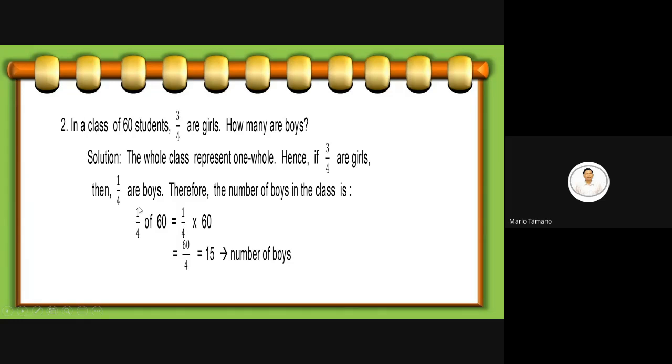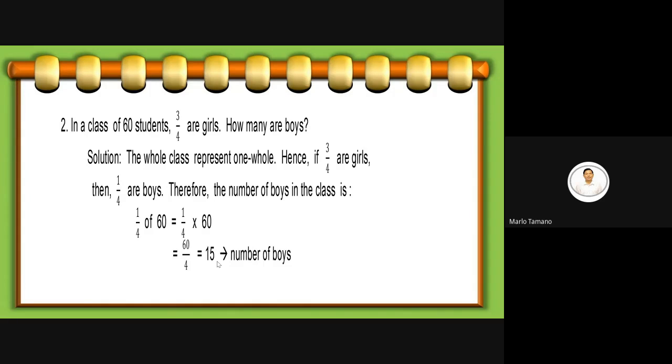Hatiin mo sa 4 yung 60. So, 1/4 times 60. 1 times 60 is 60 divided by 4. Ano sagot? 15. 15 lamang po ang lalaki.